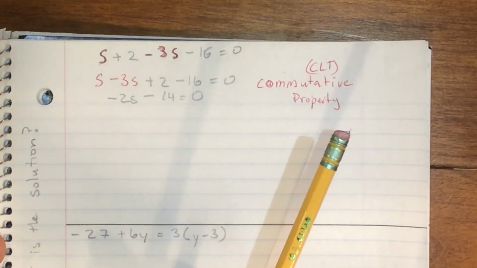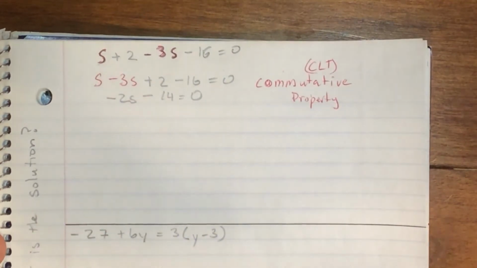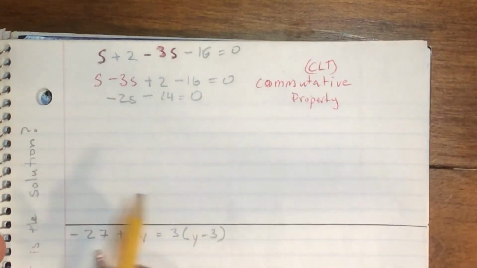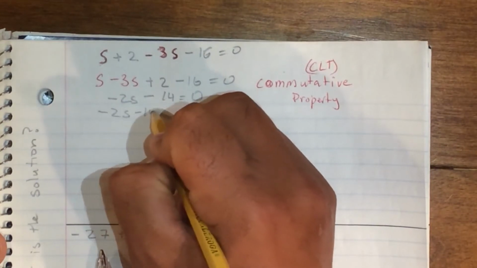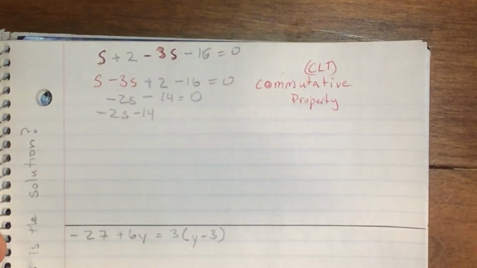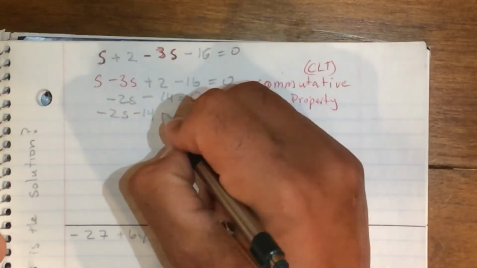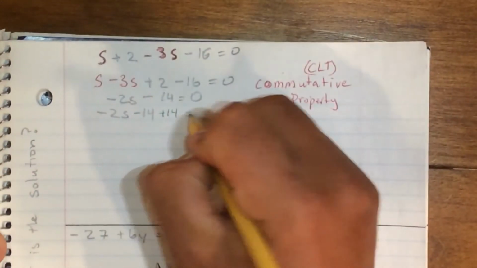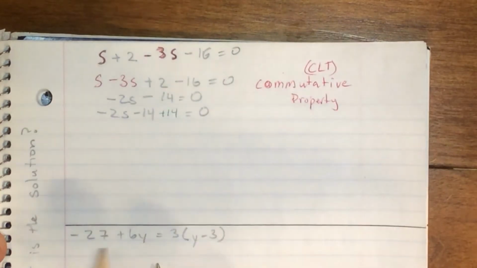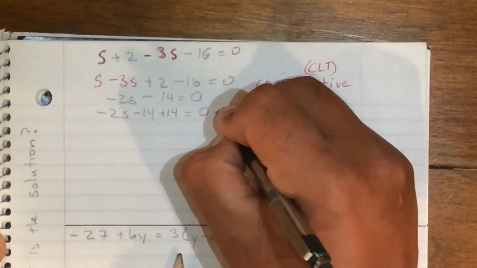So now we're going to add 14 to both sides. So we have our negative 2s minus 14. And let's use a different color since we already used red. We're going to add 14 to both sides, equal to 0 plus 14.